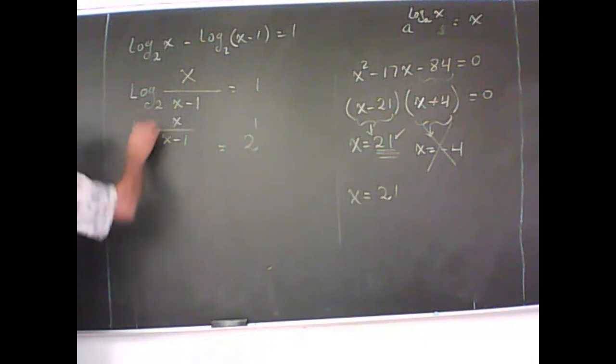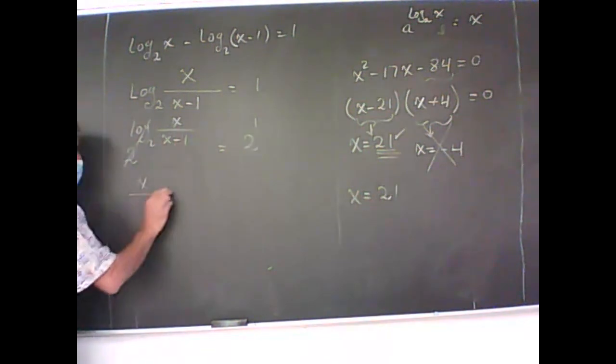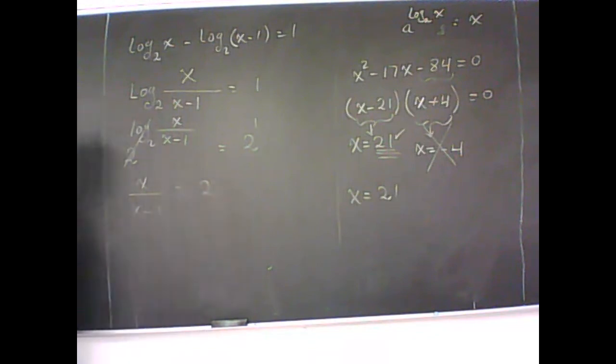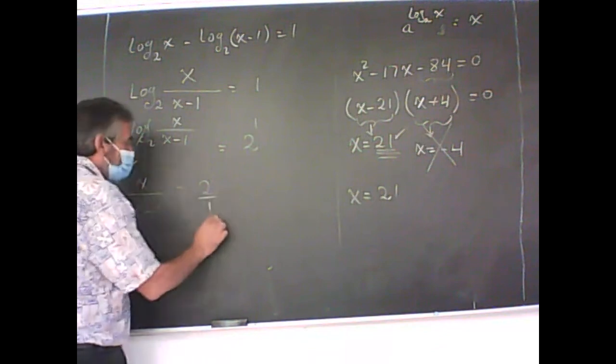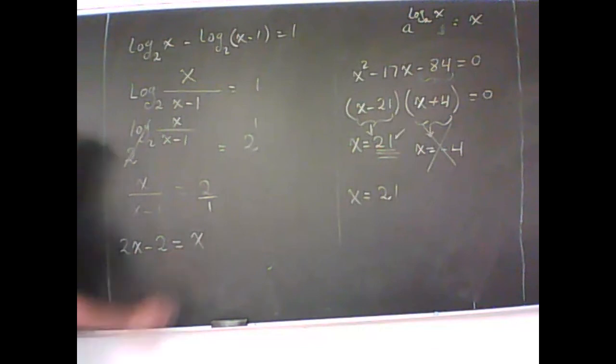So now what happened to this? What is left is x over x minus 1 equal 2. We can make that 2 over 1. We can cross multiply. 2x minus 2 equal x.